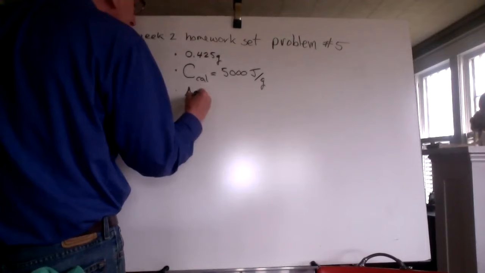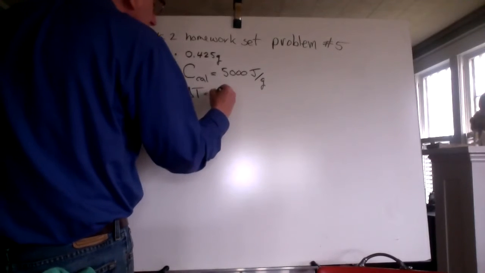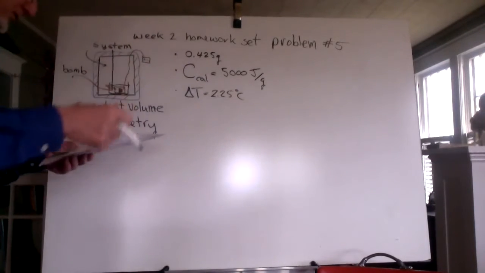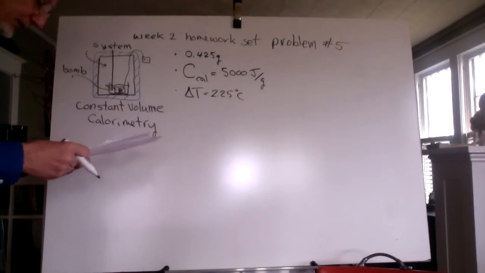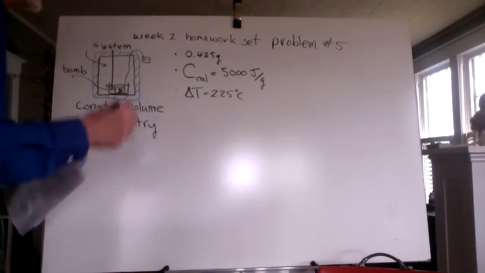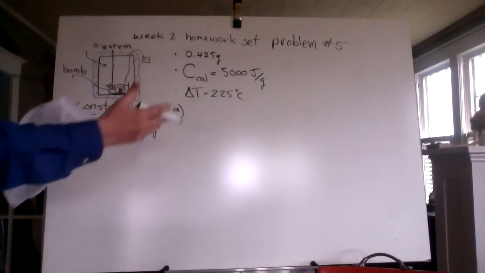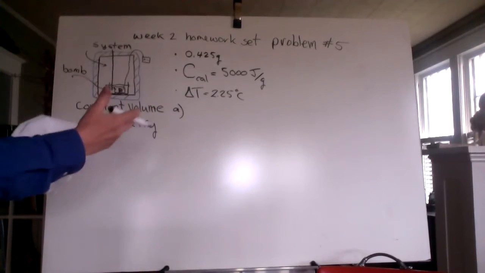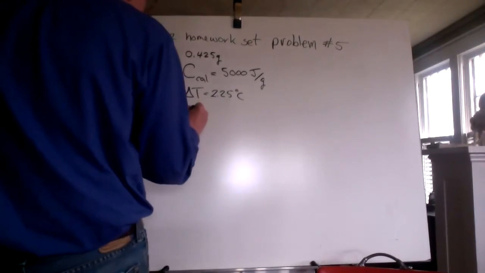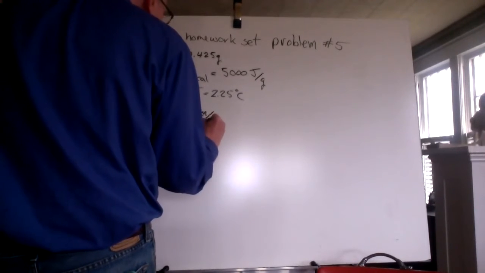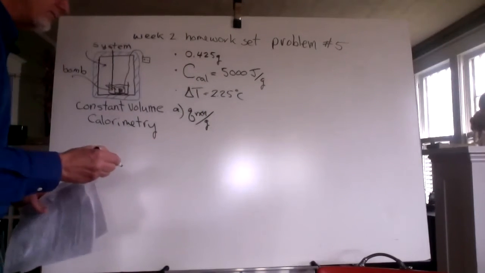And you're told that the temperature change is equal to 2.25 degrees C. The temperature went up by that magnitude, delta T. Now, what you're asked to provide for this problem, and you have all the information available to do so, is to, 1, determine the heat energy of the reaction per gram of the cereal.